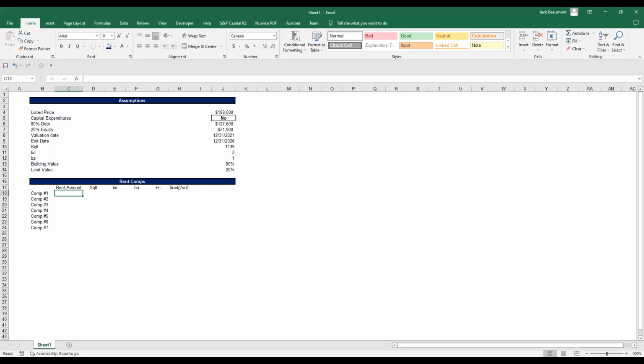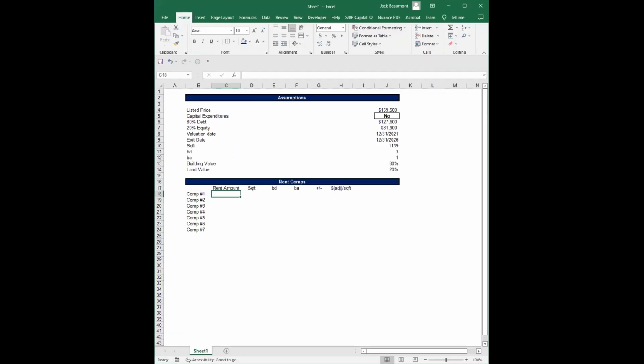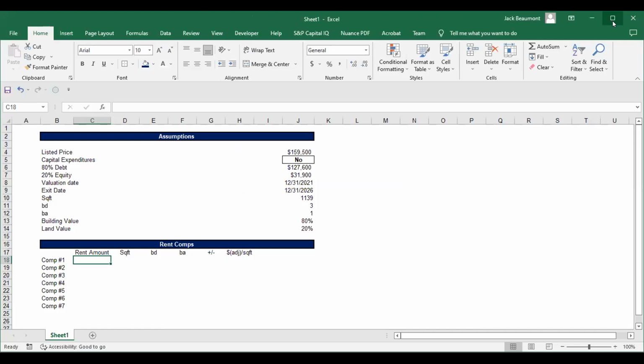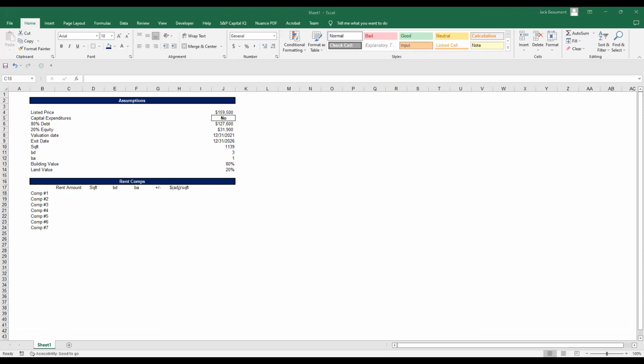Okay, let's see if I can pull this in here. Actually, I'm going to go back here. Sorry about that. Okay, so we're on sheet 1.